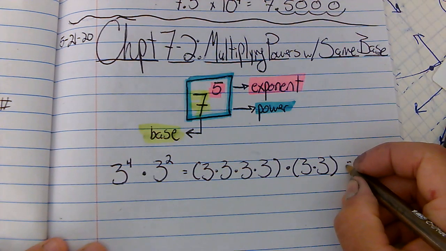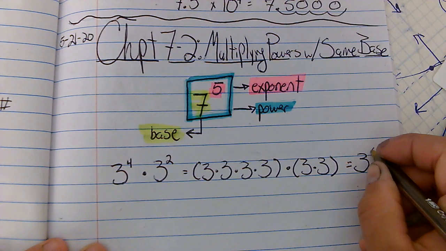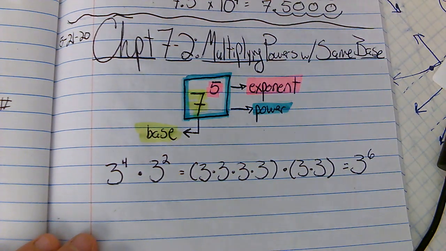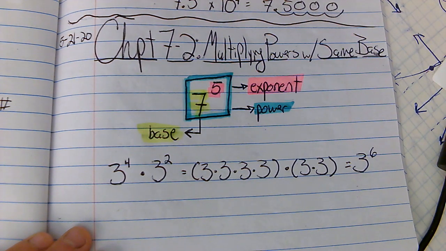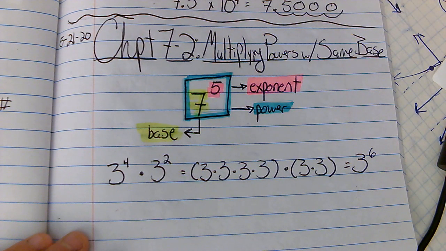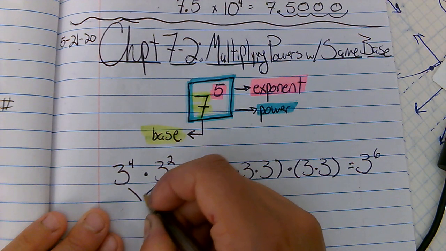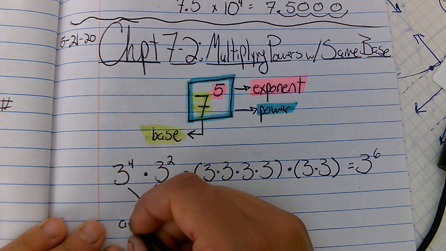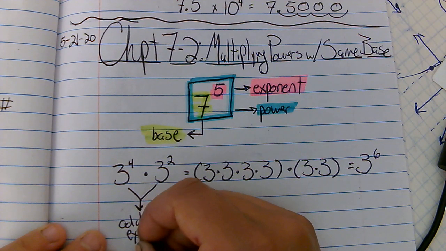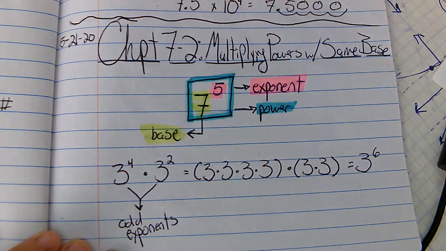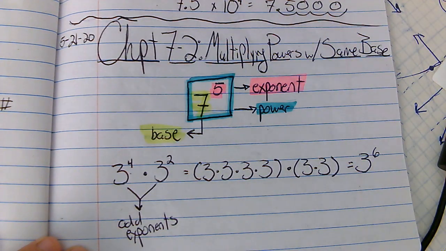Well, I can write that as 3 to the 6th power. Okay? So whenever you're multiplying powers that have the same base but different exponents, you add them. You add up your exponents. That is why we got 3 to the 6th, because 4 plus 2 gives me 6. Pretty straightforward, right? Let's try a couple examples.